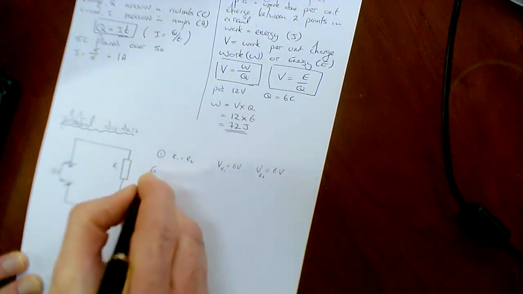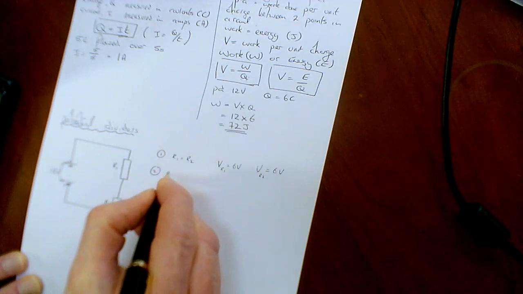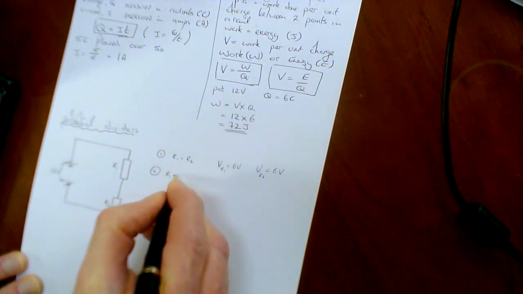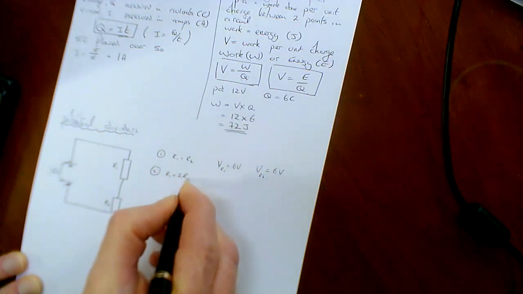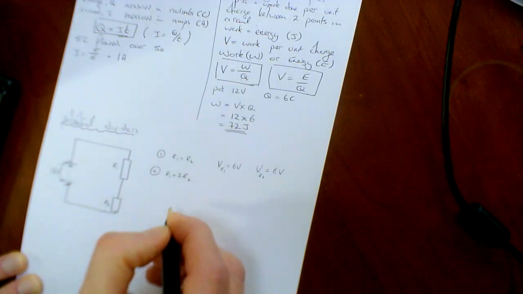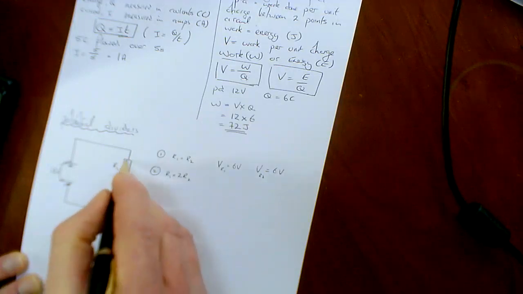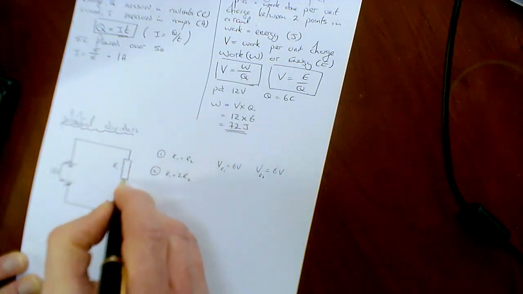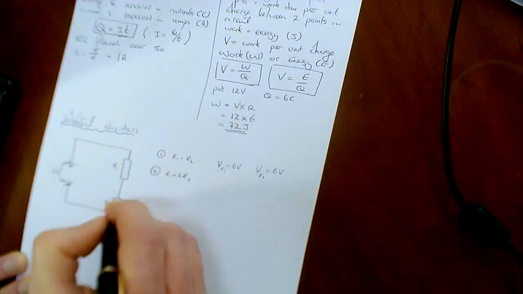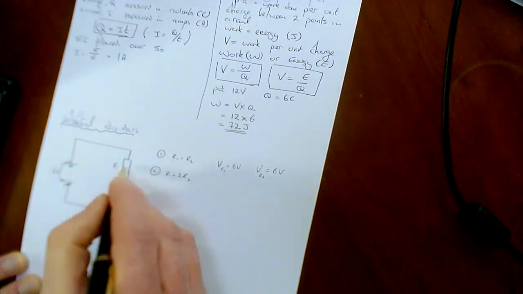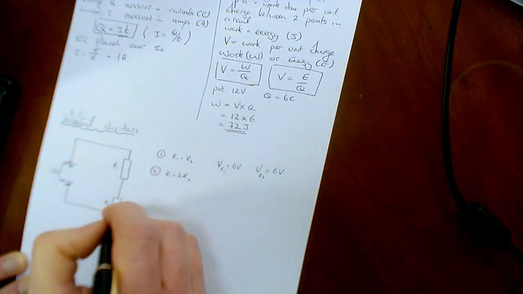Now, if, let's say, R1 was twice as difficult to get through as R2, then twice as much energy per coulomb will be lost going through R1. So 2/3 of it will be here and 1/3 will be here because twice as much is here as here.